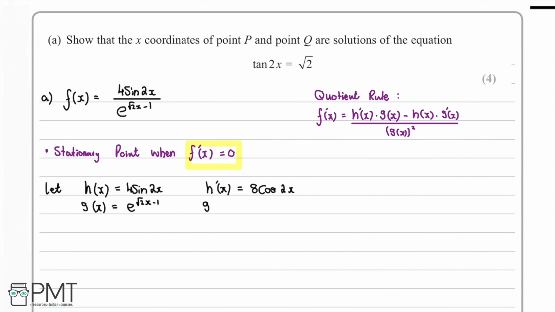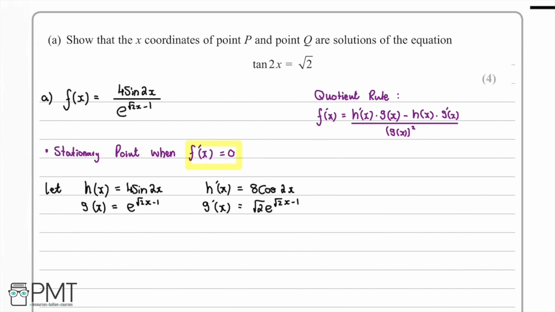For the derivative of g of x, we multiply g of x by the derivative of root 2 x minus 1, which differentiates to give root 2. So the derivative of e to the power of root 2 x minus 1 is root 2 times e to the power of root 2 x minus 1.